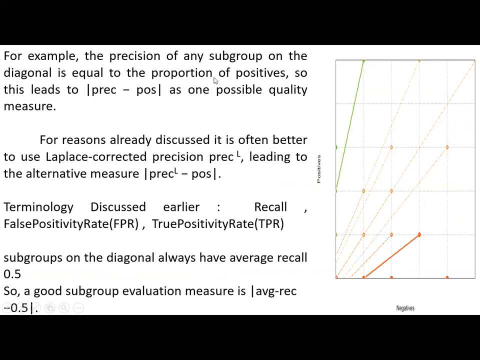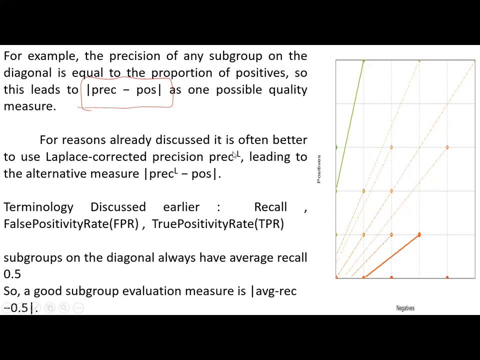For example, the precision of any subgroup on the diagonal is equal to the proportion of positives. So this leads to precision minus pos as one possible quality measure.